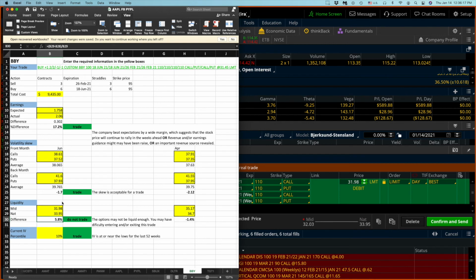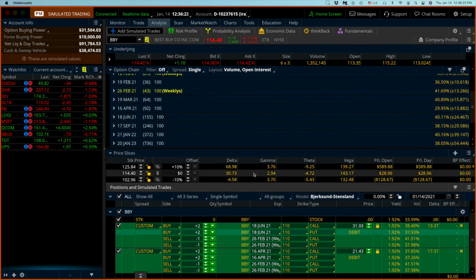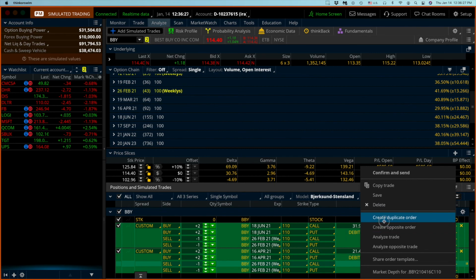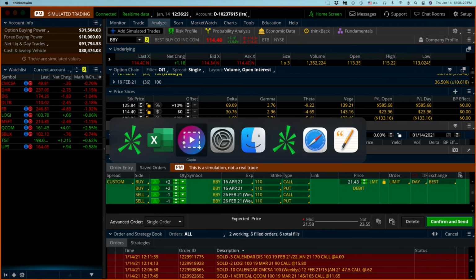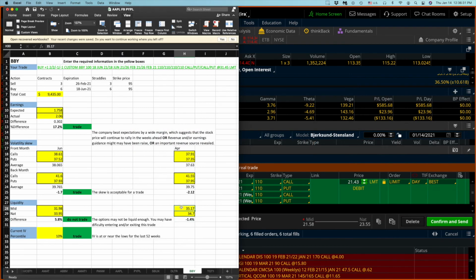Difference of 5.8%, that's a little too much. How about the April one? $21.58 versus 23.55 is a little more. So I'm starting to think that the June is better, even though it says do not trade.